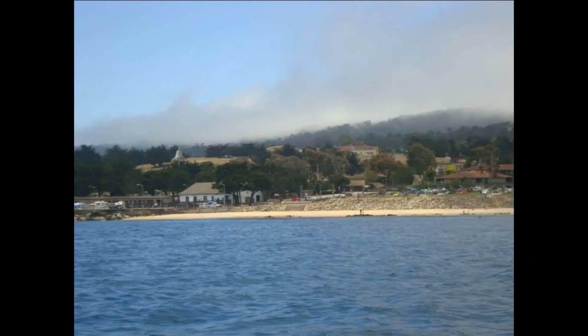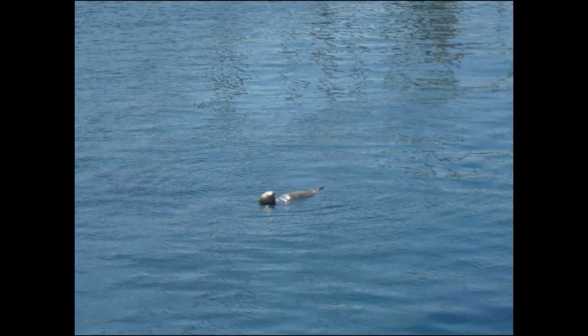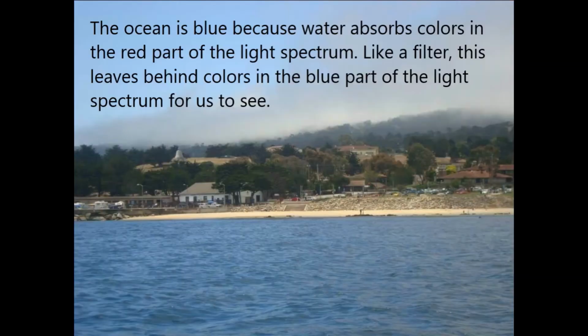Okay, so without further delay, let's go ahead and read about how the ocean is blue. So here's the first part of the reading, and I'll read through it with you, and you can follow along and listen as I read. Okay, so the ocean is blue because the water absorbs colors in the red part of the light spectrum.